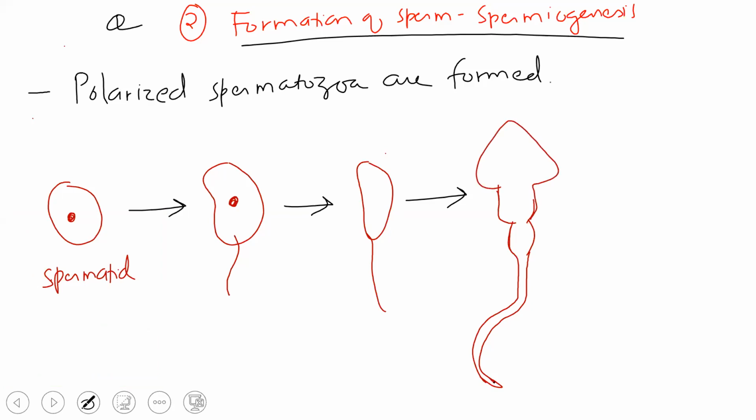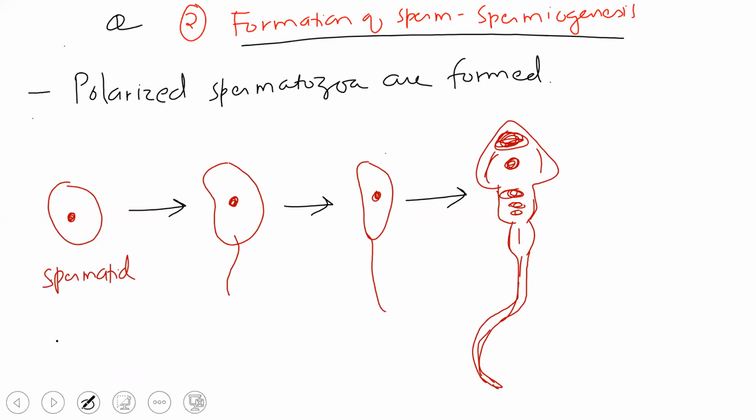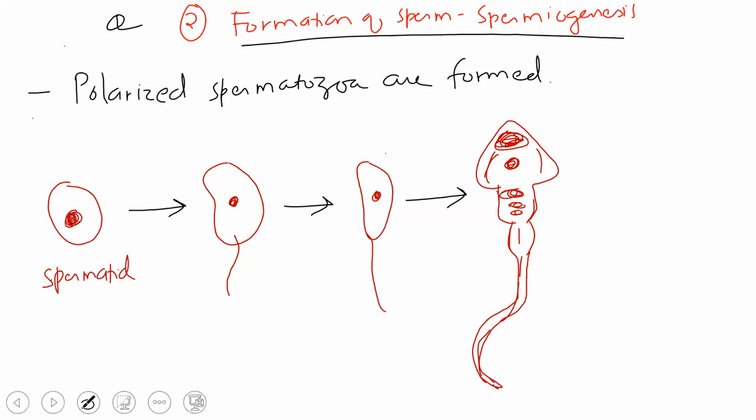Okay, so in this manner the sperm will change its shape. This process is what we call the formation of sperm. So first thing is, over here it will have a bigger nucleus.